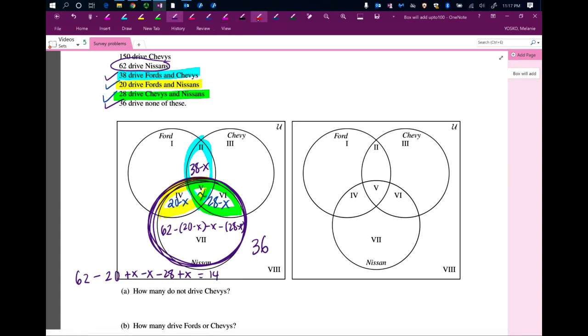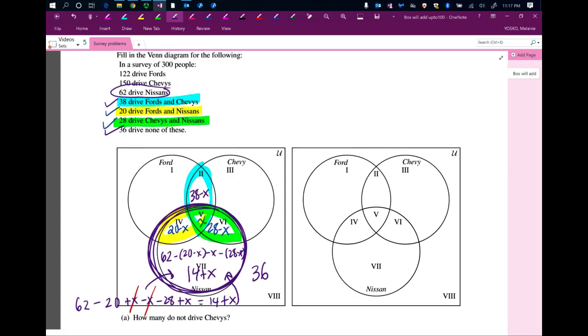And look at the X's. We see that we have a plus X and a minus X, so those cancel. So it looks like we just end up with 14 plus X in here. Or X plus 14. Same thing, right?